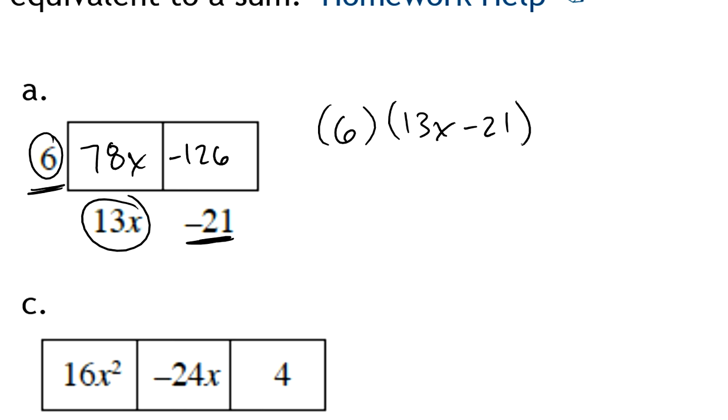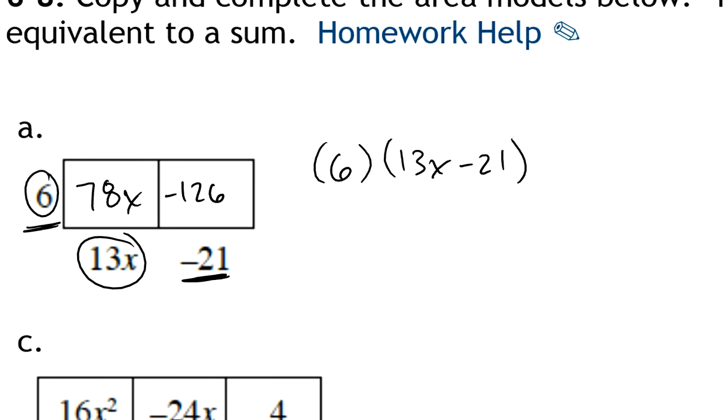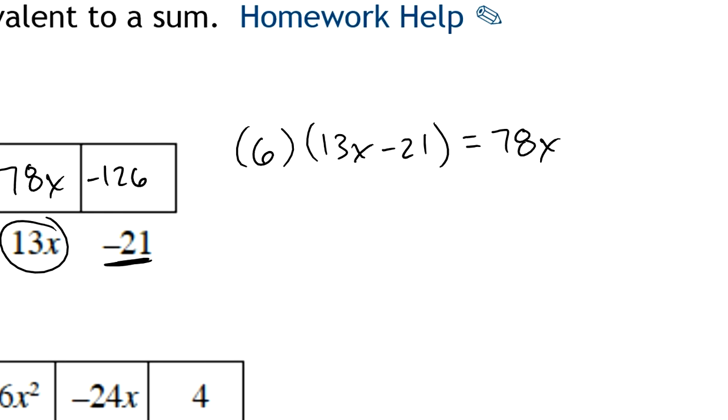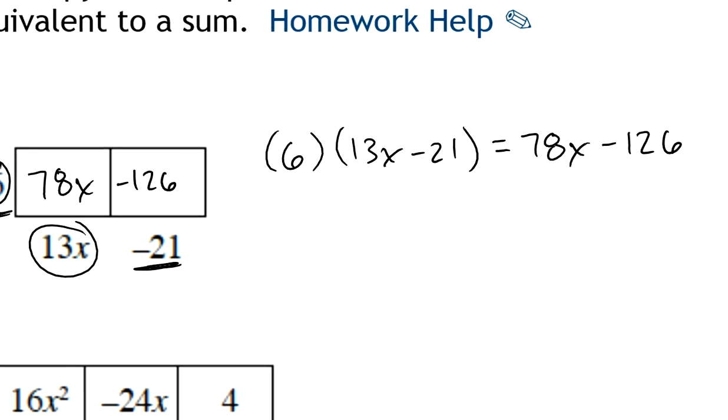That's the area expressed as a product of two dimensions, and it is equal to the sum of these parts. So it's equal to 78x minus 126. For this simple problem, you can see that it's an application of the distributive property: 6 times 13x and 6 times negative 21.